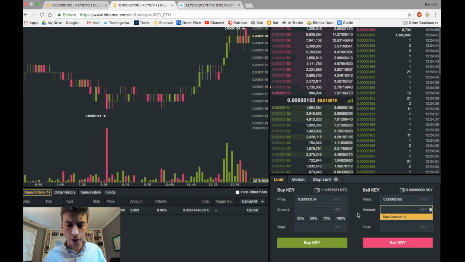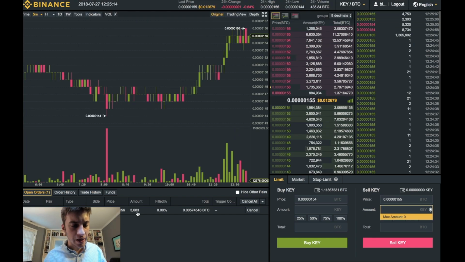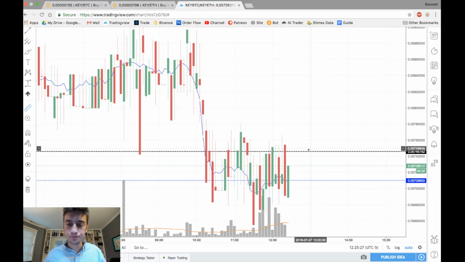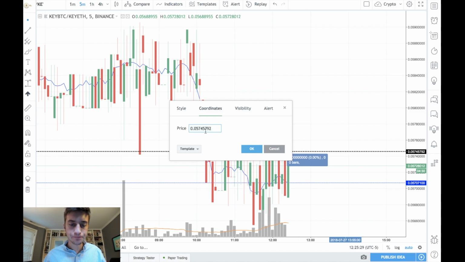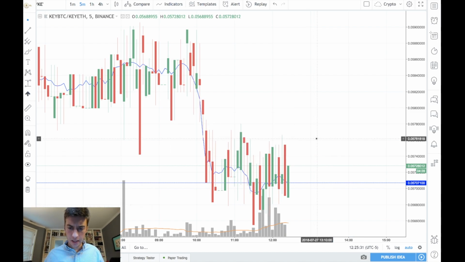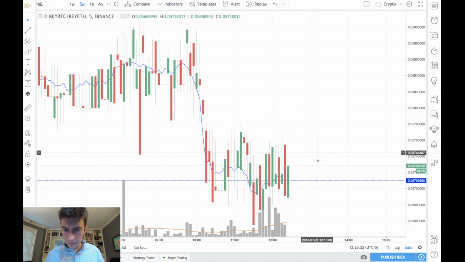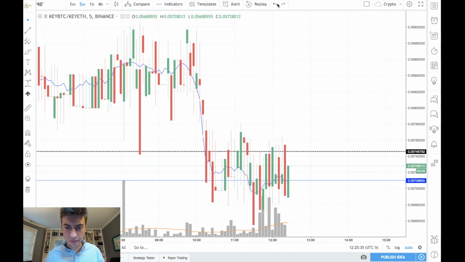The amount of key that I currently own is 3683. So if I did that, then I would receive this much Bitcoin with that 0.1 Ethereum that I traded in. 570 is, let me put that up here. I think the horizontal line vanished.